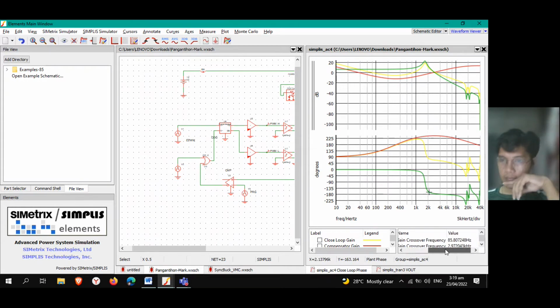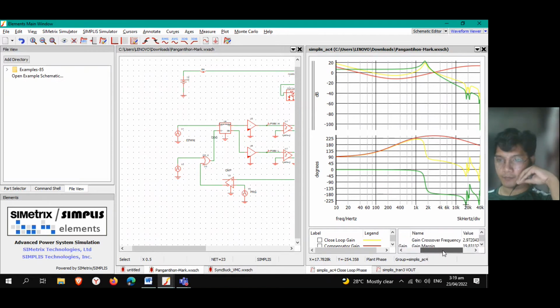The value of the closed loop gain is 85.8072 Hz. The plant margin is 2.972043 kilohertz.